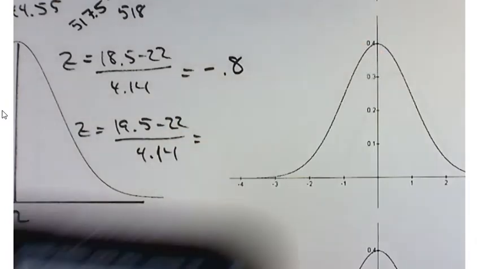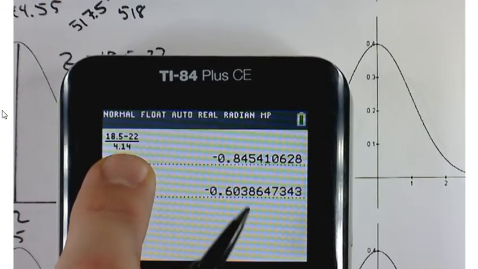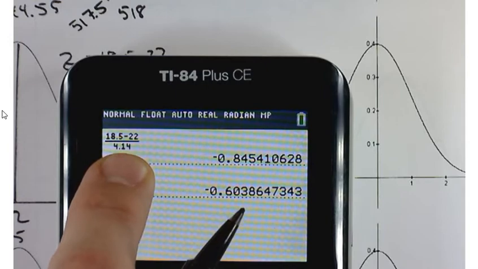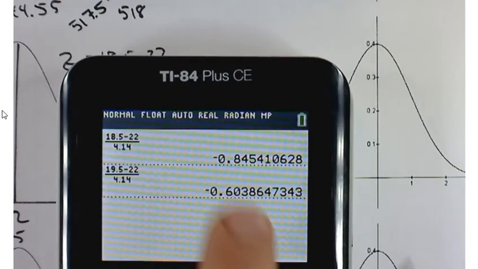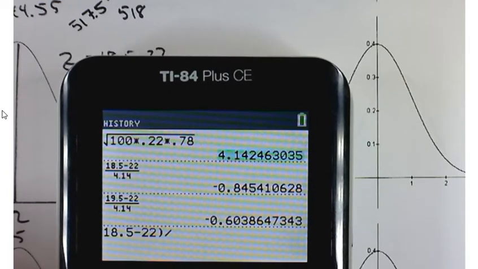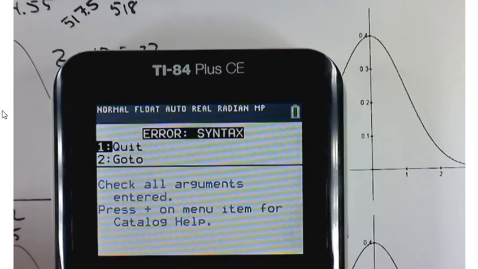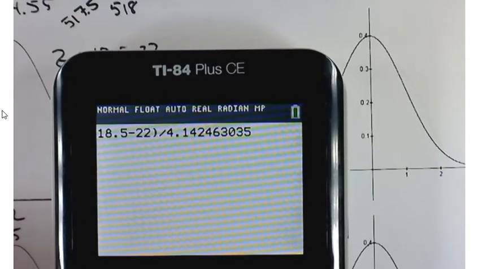I'm just curious to see what difference it would make if I, instead of dividing by this, divided by the rounded number. And I think it'll be a little bit different here. So if I did 18.5 minus 22 divided by this number up here, what difference does it make? Oh, I didn't like that. Why didn't I like that?